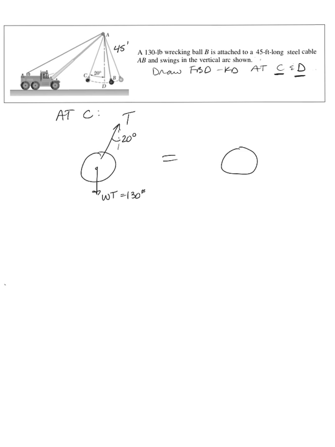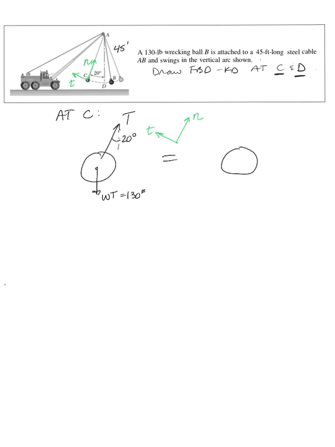I'm going to use normal and tangential, since I've got circular motion. So I'm going to put tangent in that direction. I'm going to put normal again towards the middle of the circle.